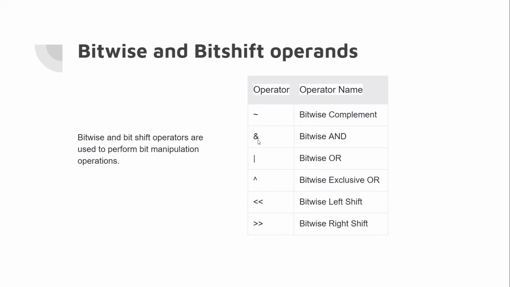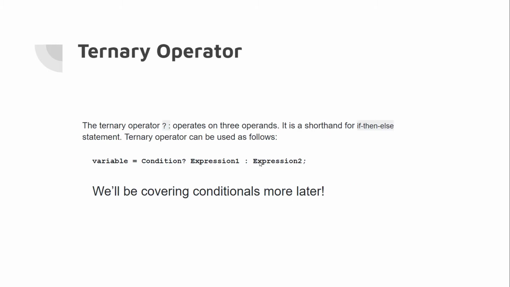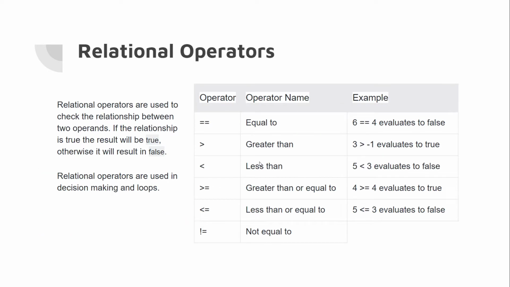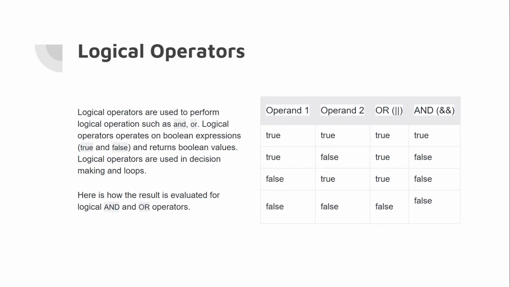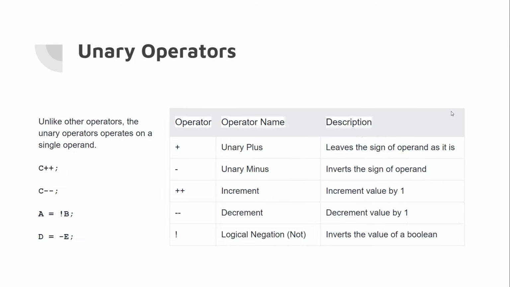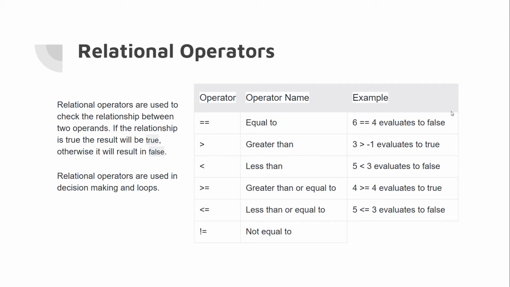The complement and or, you'll notice they have their own and and or here. These are not the logical ones. The logical and and or are the double ampersand and double bar. Just like the relational operator for equals, which evaluates to true or false, is the double equals.